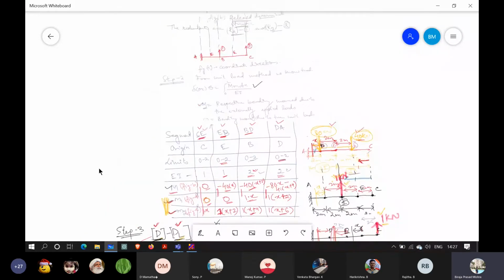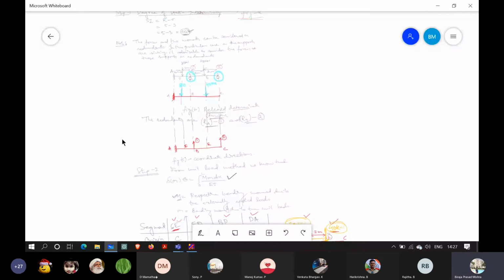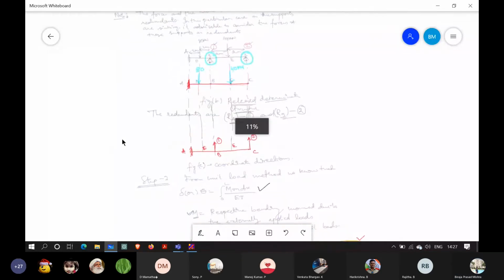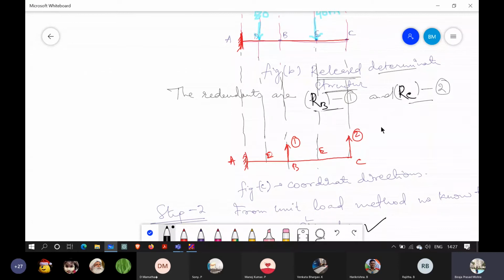You can see here, I have written here. The redundants are RB and RC. So these two are the redundants.